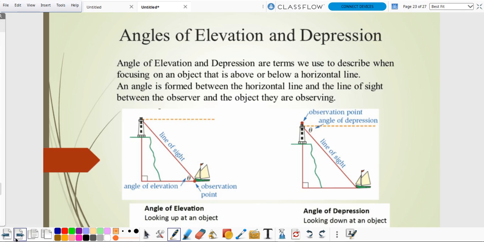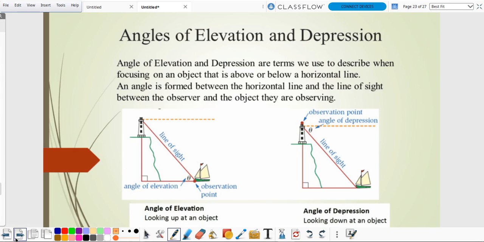If I'm looking at Nazmi's shoes, that would be depression, because I'm looking below my horizontal. You use it when you're referring to looking at an object from a certain reference point, a starting point. An angle is formed between the horizontal line and the line of sight.